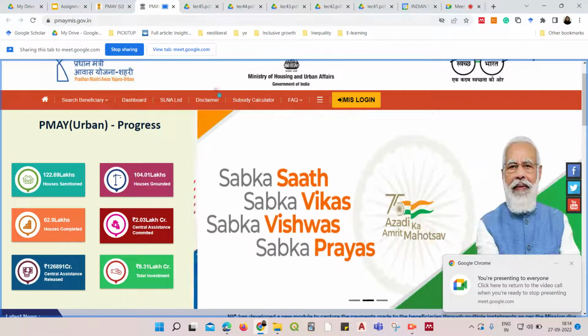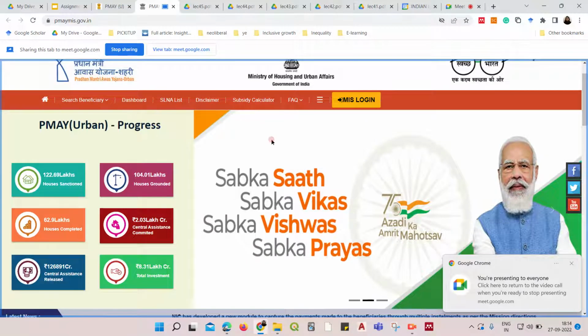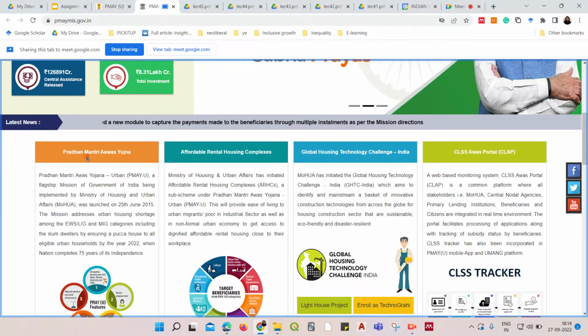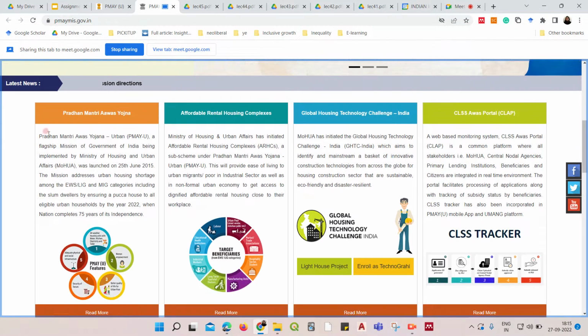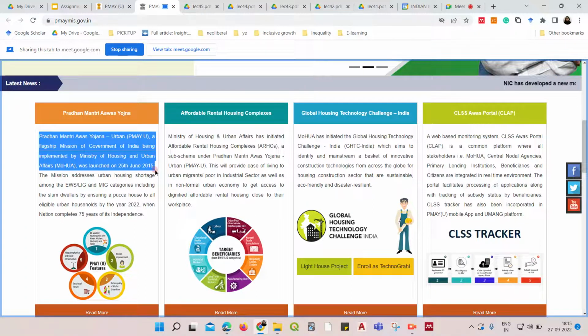Whenever you visit the program website, there will be several sections in which they've given a brief overview of what PMAY is, what affordable renting housing complexes are, and all of that. You can see here on their own website, they write the particulars of the program.